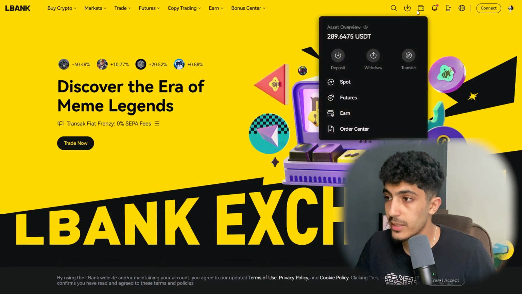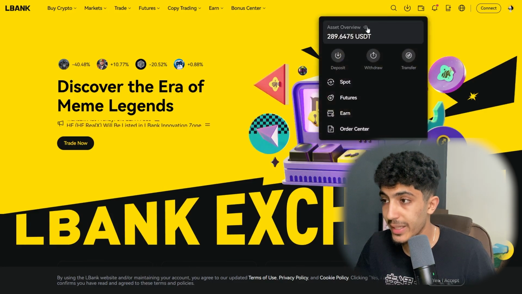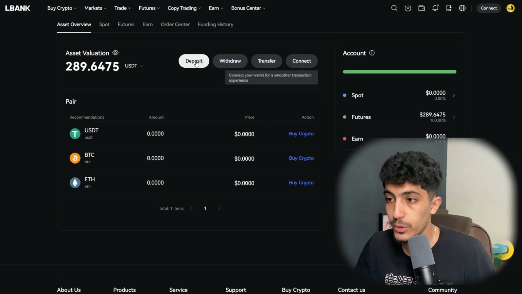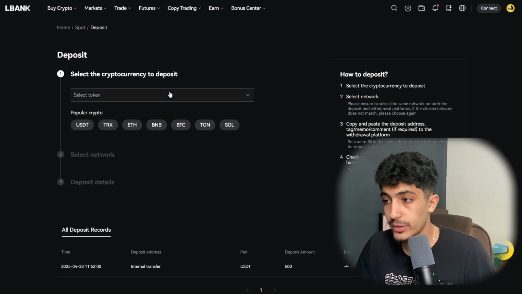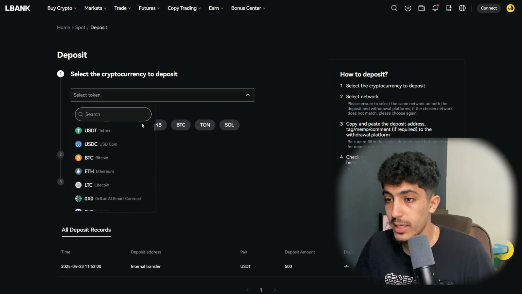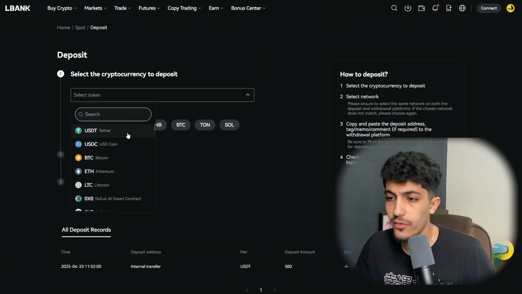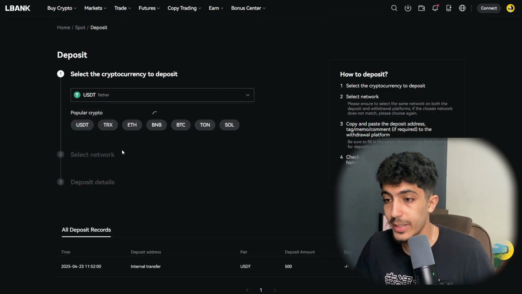The second thing, as we know, here I have my wallet already recharged, and from here it's easy to recharge. Just click on deposit, and the exchange offers lots of blockchain networks. From here we can select our currency, such as USDT, USDC, Bitcoin, and more. For example, we'll check USDT.